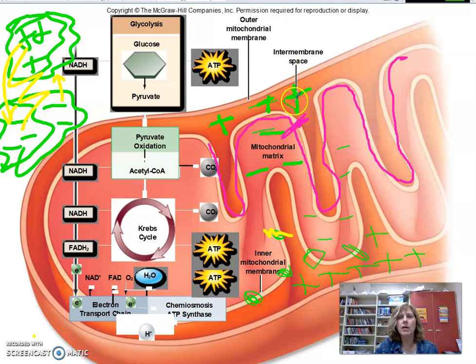We have a buildup of opposite charges on either side of this inner mitochondrial membrane. Nature does not like a concentration gradient like this, where there's more of something on one side of the membrane and less on the other side. And so the movement of this through the membrane is going to power the making of ATP by this enzyme called ATP synthase.